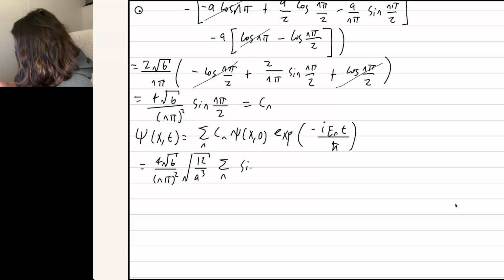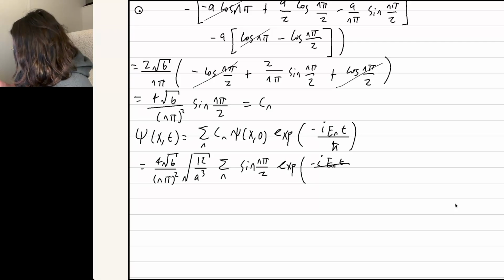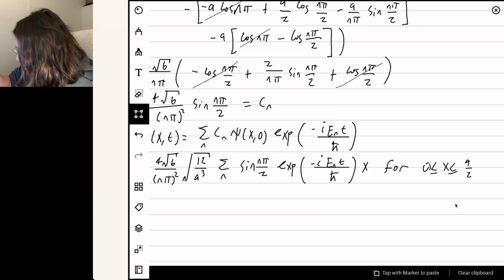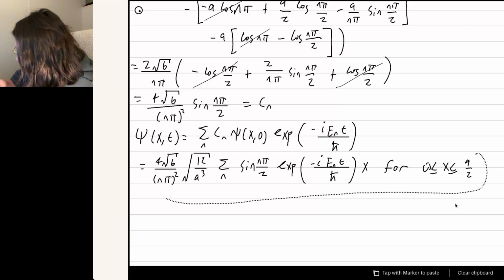So both of them are going to have sine n pi over 2. Both of them are going to be multiplied by exp minus i e n t over h bar. But depending on what part of the domain you're in, it's going to be either multiplied by x if you're in the region between 0 and a over 2, and it's going to be multiplied by a minus x in the other region.